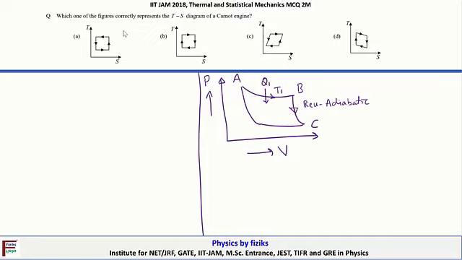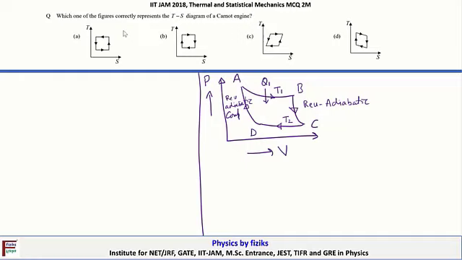Because the gas is expanding at the cost of its internal energy, the temperature will fall from T1 to T2. Then the C to D process is isothermal compression, and then from D to A it's a reversible adiabatic compression.